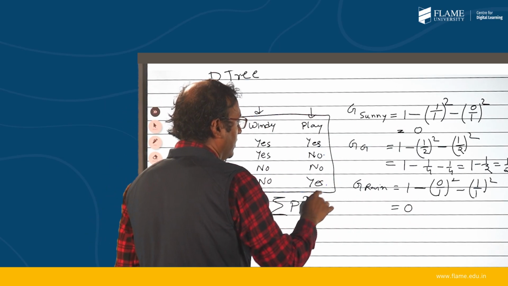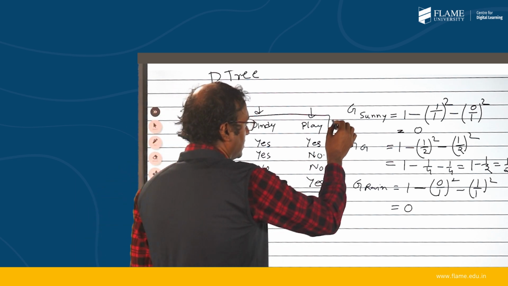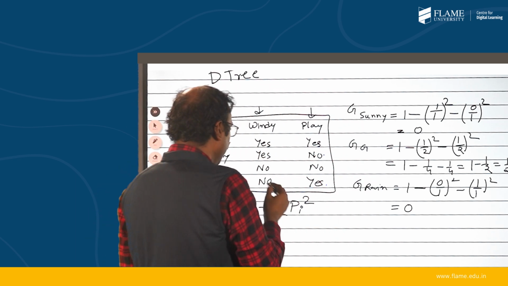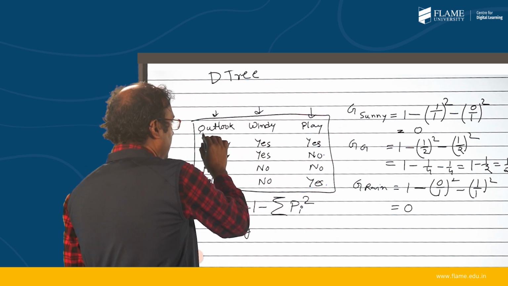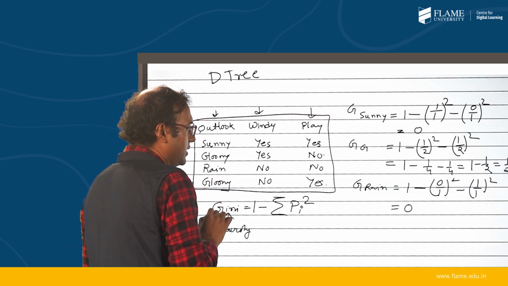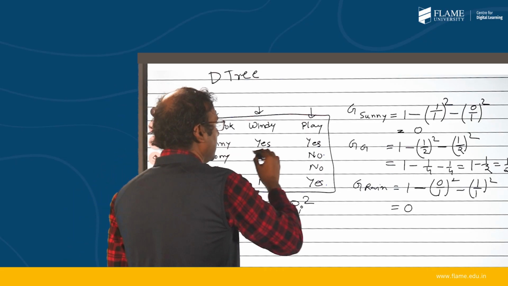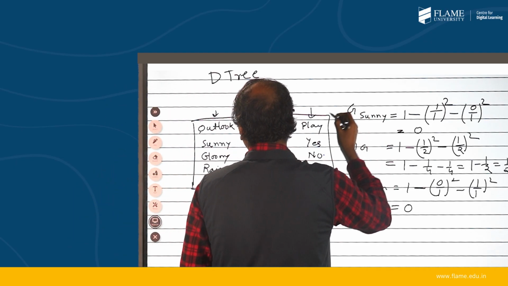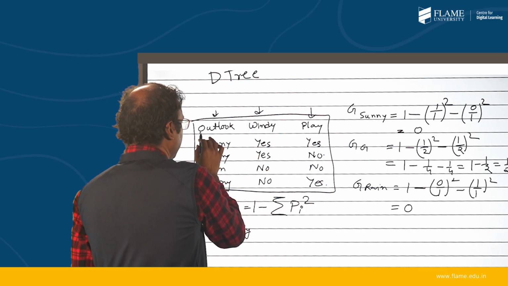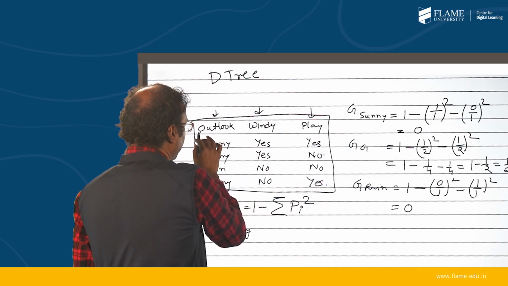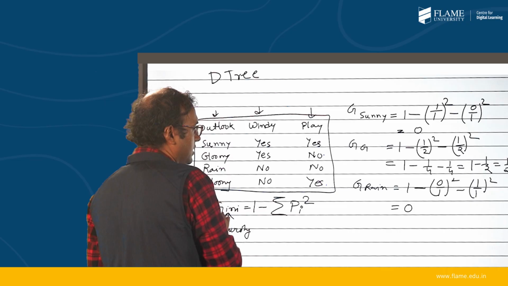Now we have to calculate. This is the simple concept of Gini calculation for every level of a particular feature. So let's say I need to calculate the Gini for a particular feature, outlook.